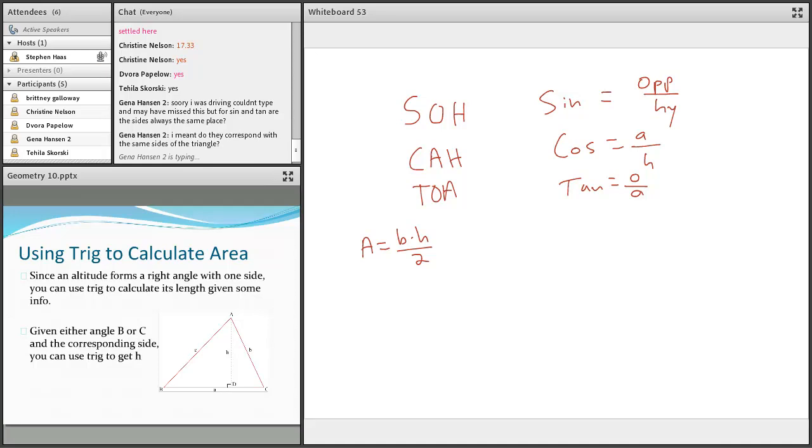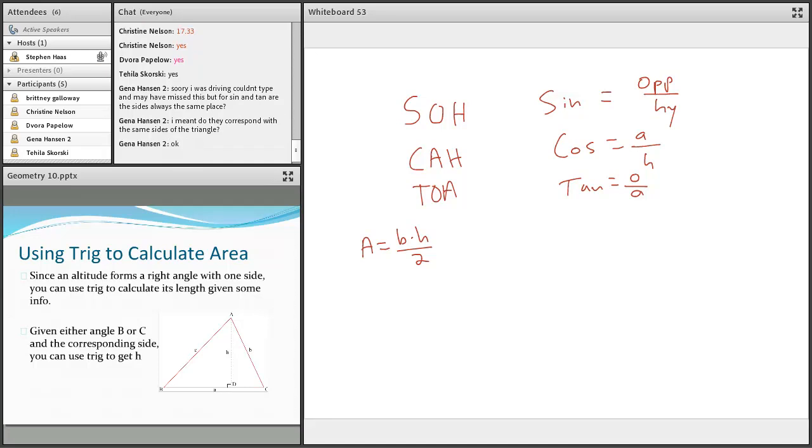It always corresponds to whichever angle you're looking at. It can be done with any angle, as long as you look at the angles that correspond to that particular side. I know it's a little confusing, but we're going to get to some practice a little bit, and hopefully that'll clarify things.